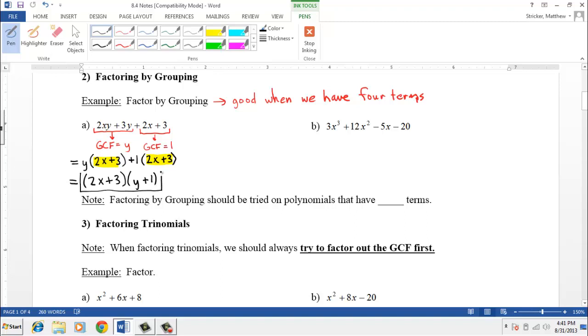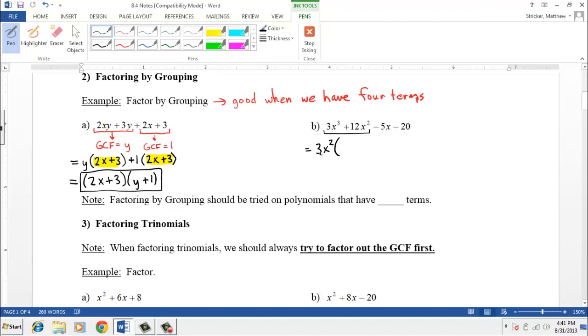Hopefully that looks familiar. If we look at a second one here, we look at our first group. The greatest common factor there is 3 and 12. 3 goes into both 3 and 12. And then we have 3 x's and 2 x's, so we can only include 2 x's.